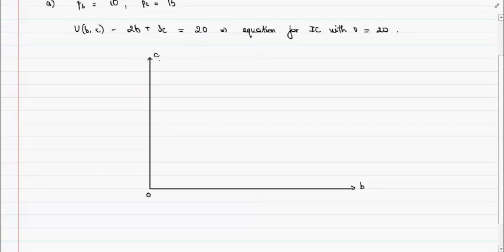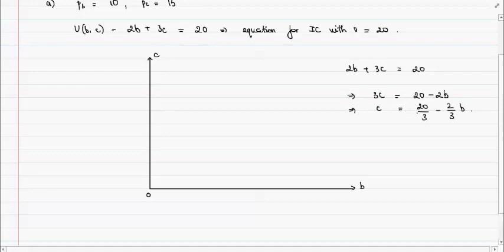If I rearrange to make C the subject, because I put C on the vertical, I get 3C equal to 20 minus 2B, so C is equal to 20 on 3 minus 2 on 3B. This is a straight line with a vertical intercept of 20 on 3 and a slope of negative 2 on 3.